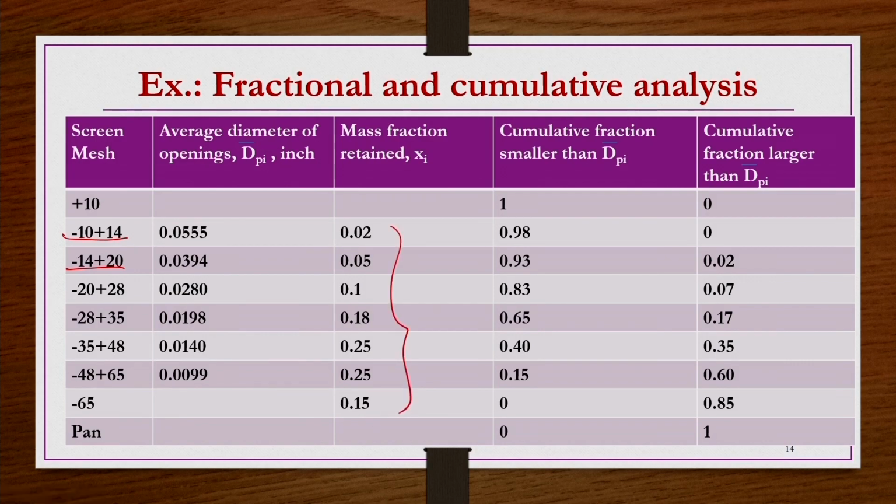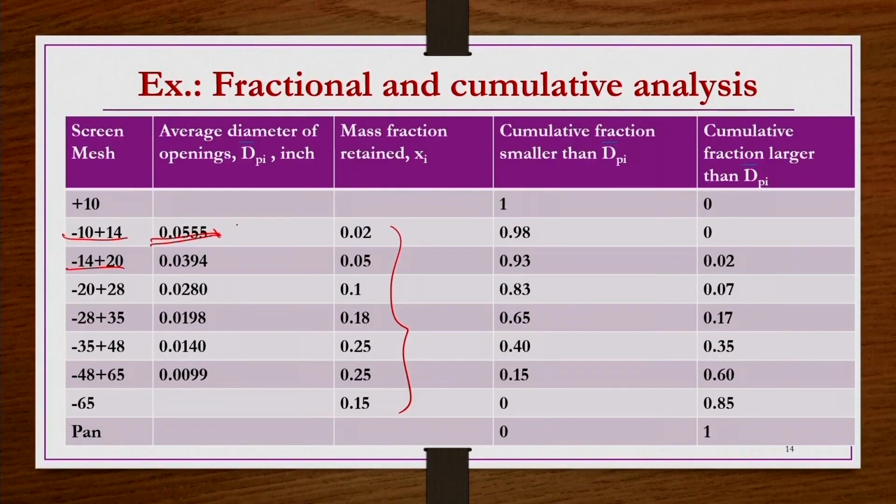The dp, the screen openings from the Taylor screens we have already seen, right. If you take the average of those dp's, let us say the dp of 10 mesh plus the dp of 14 mesh divided by 2, then you get this number, 0.0555, in inches, they are in inches, like that.